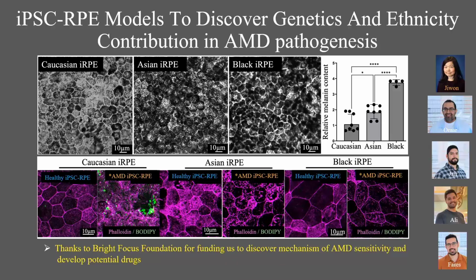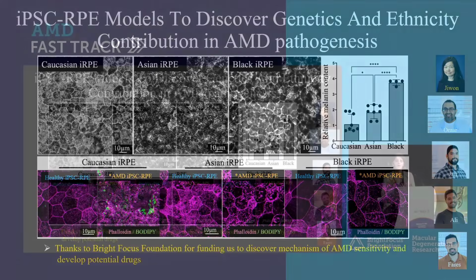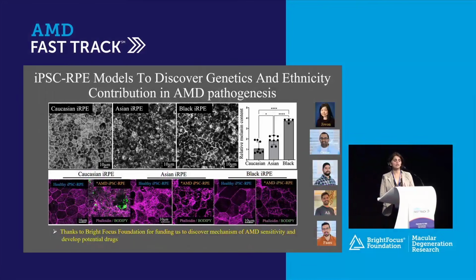As you heard in the morning talks, different specific populations are either susceptible or resistant to AMD pathogenesis. For example, Caucasians tend to have more AMD risk alleles, followed by Asians, and then followed by the African population. So we got these iPS lines from NIH CARE. These are SNP genotyped for their genetics. We differentiated them, and we hope that this tool will allow us to understand better what factors make one population susceptible or resistant.